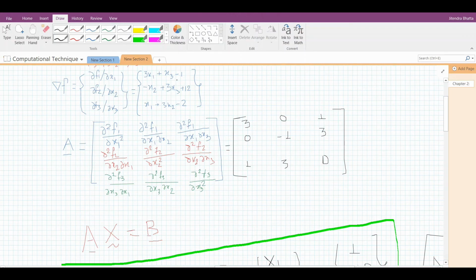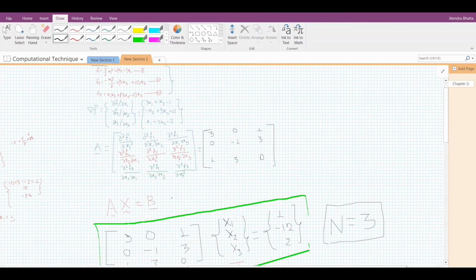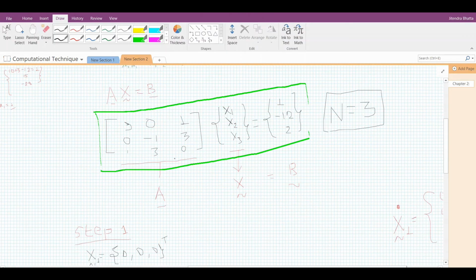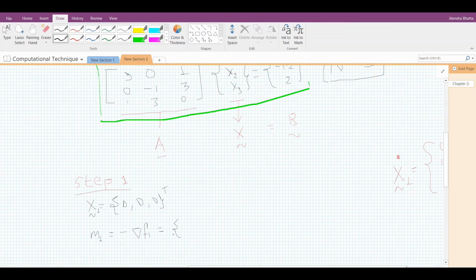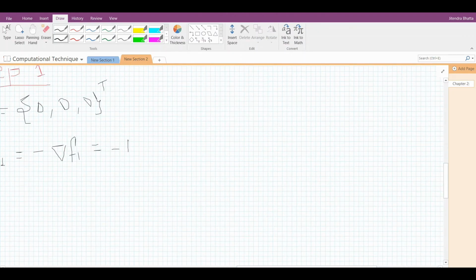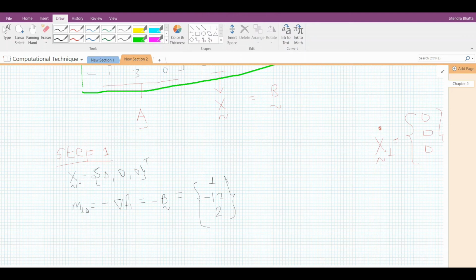Now this vector, as you can see here, equals to negative of b vector in your equation. So this one will be equal to negative of b vector. So this one will be equal to, now this is our m1.